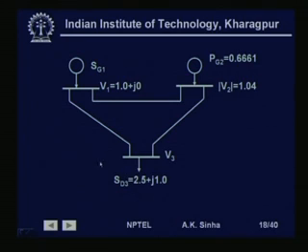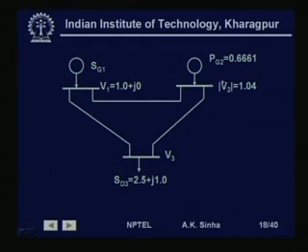Here S g is 0, so P g is 0. So, 0 minus 2.5 will give me P I and 0 minus 1.0 will give me Q I at this bus. That again can be written in the same way as minus 2.5 minus j 1.0 will be the injection into this bus.